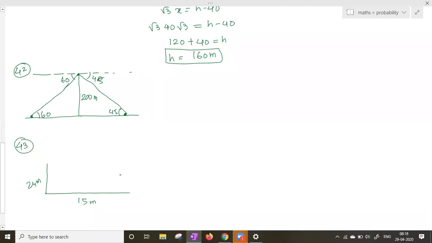Is 24 meter the first or second pole? Second pole. So this is the second pole. What they have given is the angle of depression of the top of the first pole as seen from the top of the second pole. So this is the second pole, and it is the depression of the first pole. That means the first pole is shorter. So from here, the angle of depression.